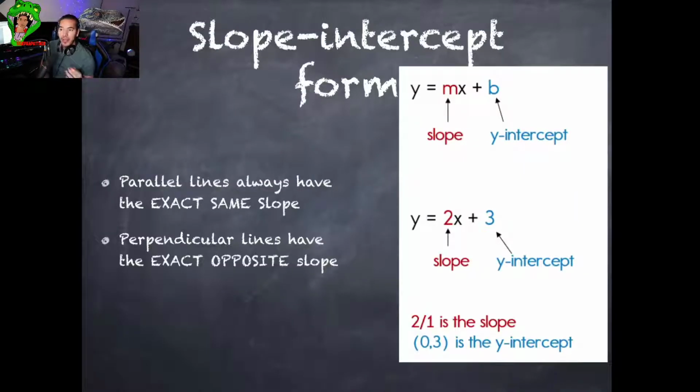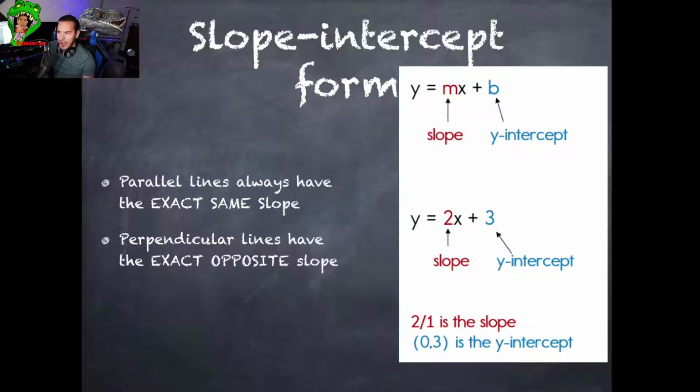Now, lines come in equations, and I'm sure you've seen them plenty of times. We're going to look at slope-intercept form, which is the equation of a line. For example, y equals mx plus b, y equals 2x plus 3.